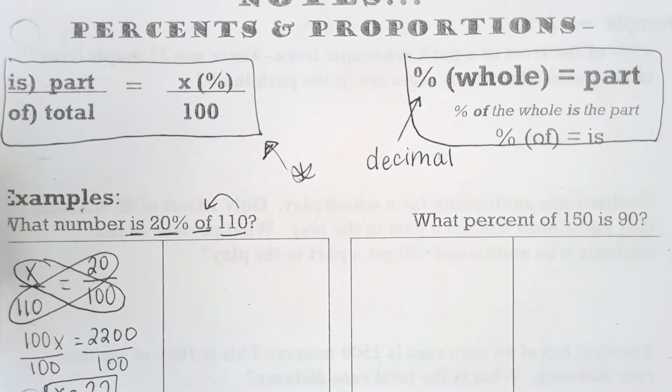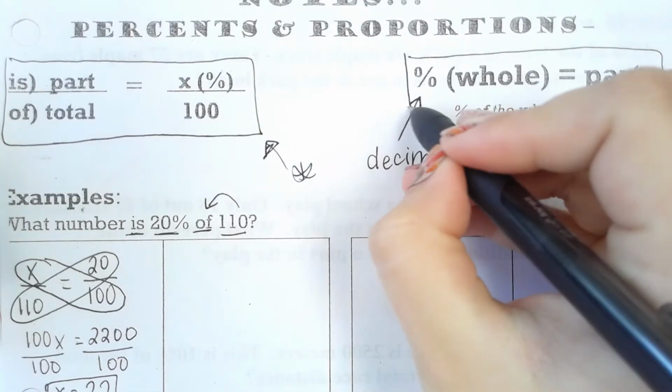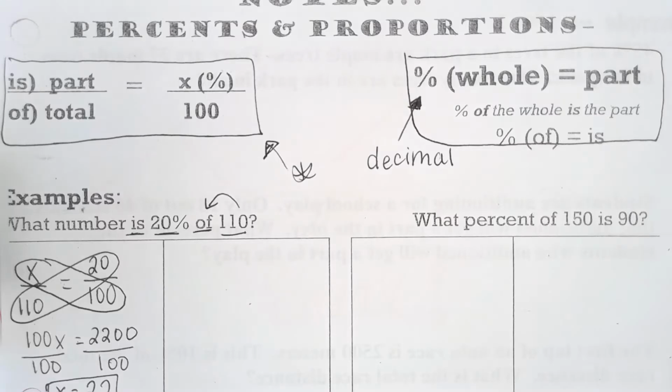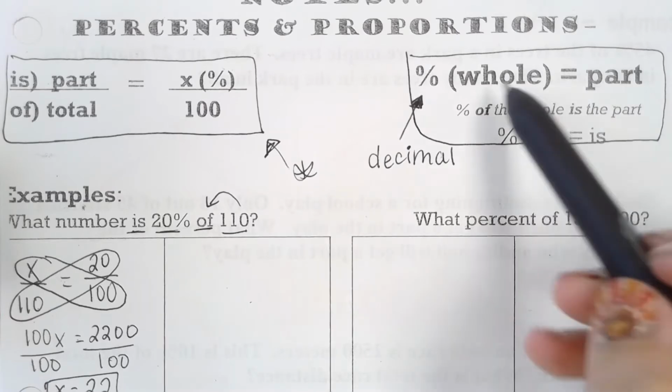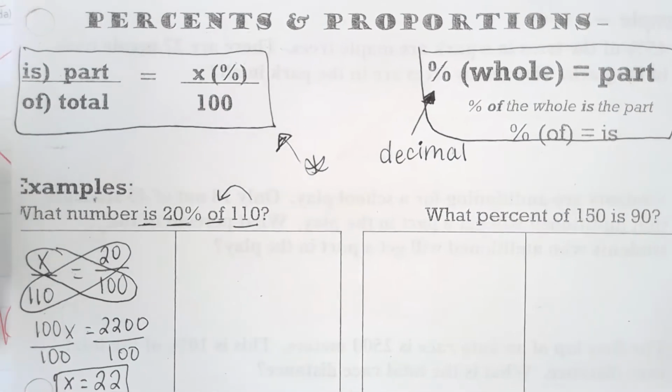So anytime that you're trying to multiply with percents, you always need to first change your percent into a decimal. And we have talked about how to do this on one of your lessons a couple days ago. And then you can start plugging it into the equation and solve.